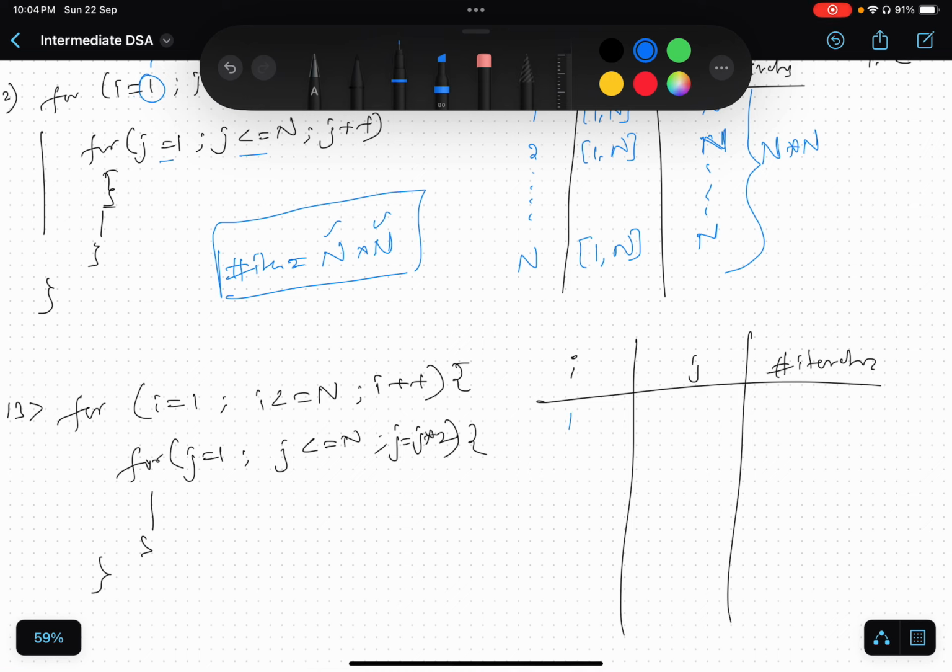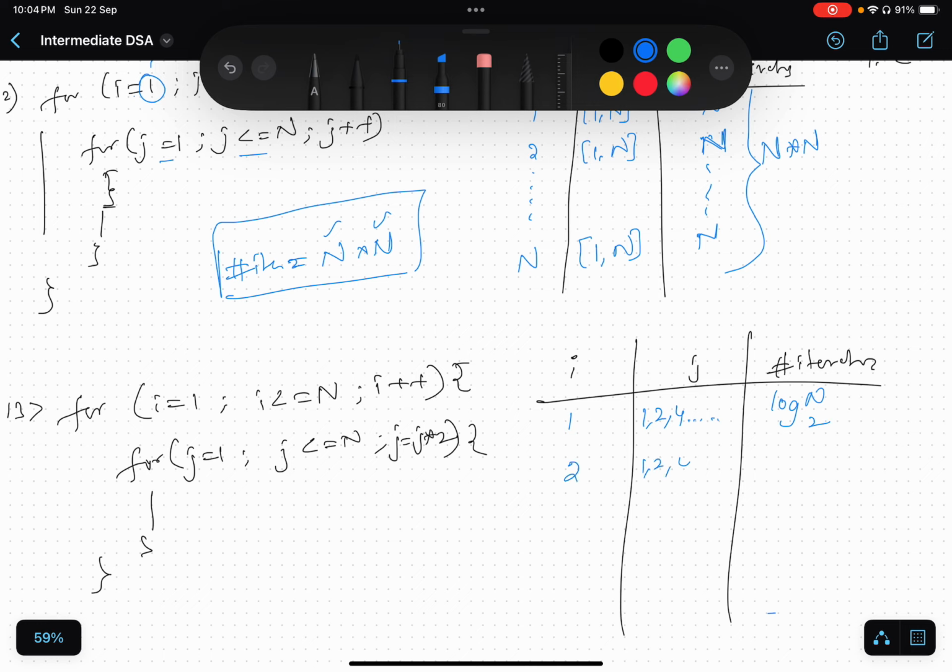So in my outer loop, when i is 1, j is 1, 2, next time it's 4, right? How many times is it running? This we discussed. There is an inner loop which starts from 1 and makes multiples of 2. The iterations would be log n base 2.